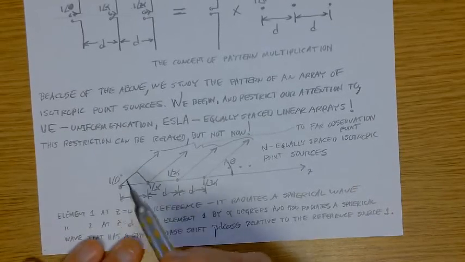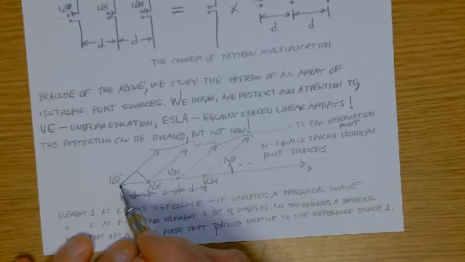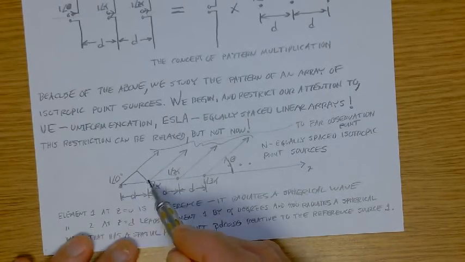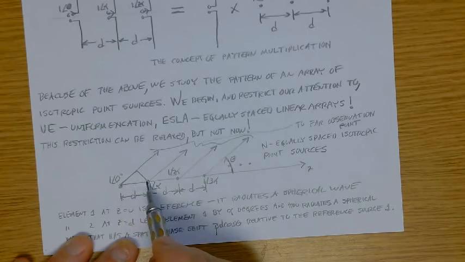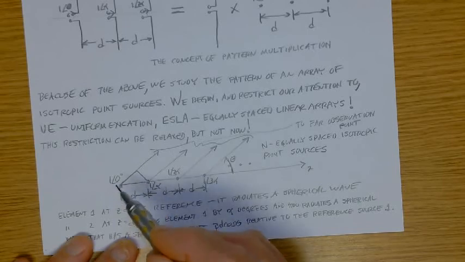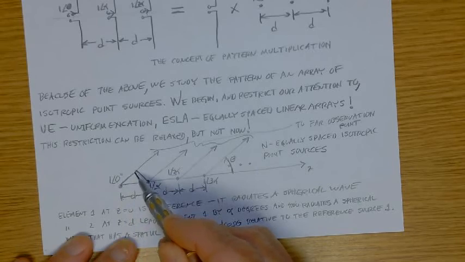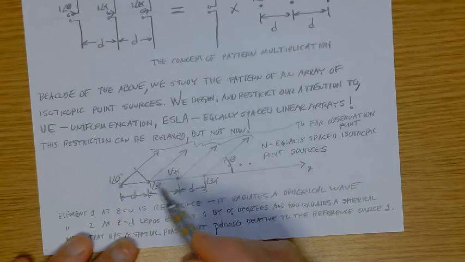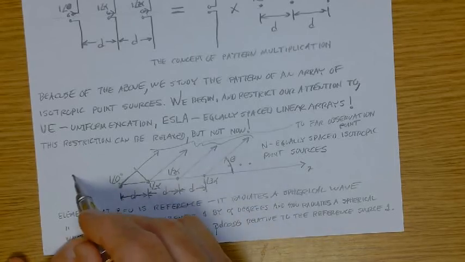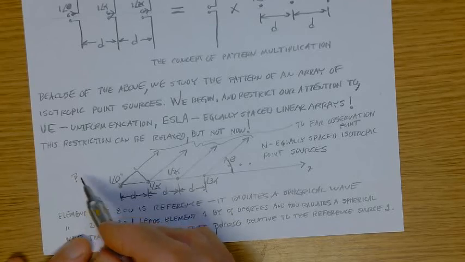If you look here, notice that this is our reference. The fields out in that direction from element 2, this is element 1, this is element 2, will actually lead the fields from element 1 by this distance right here times the phase constant. What is the phase constant? That's beta, and beta has dimensions radians per meter.